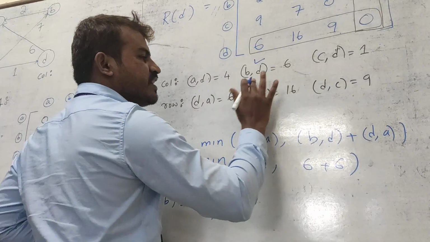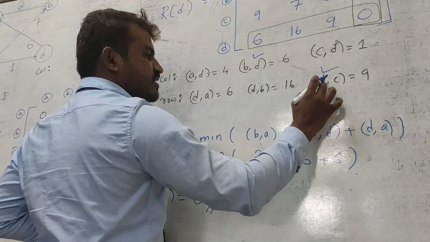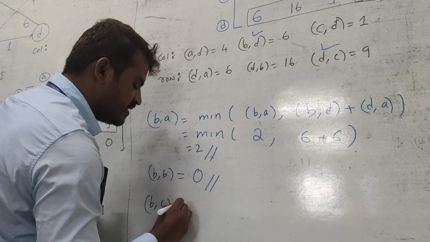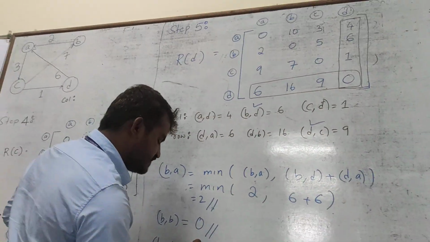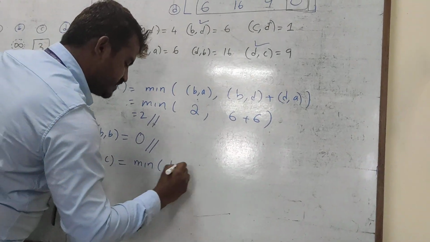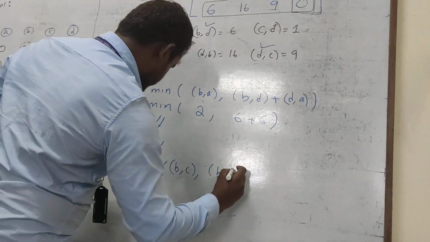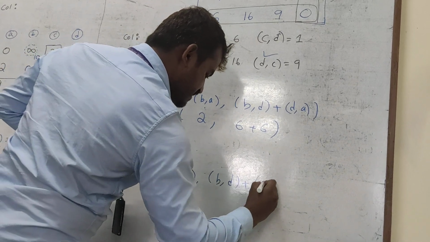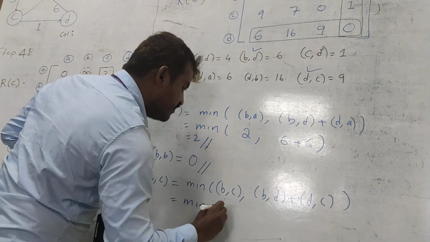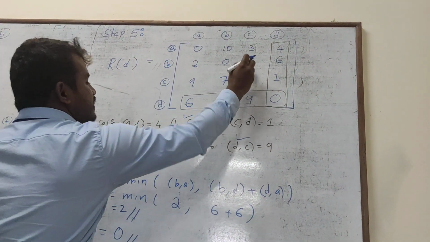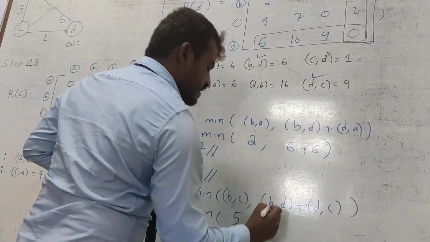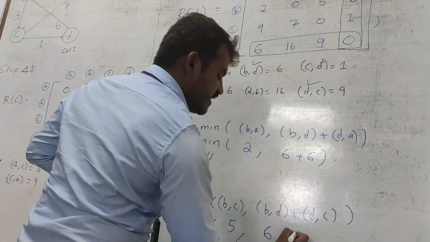Now next combination, B to D, D to C, B to C. Write as the minimum of B to C, it is B to D plus D to C. The minimum of B to C is 5, B to D is 6, D to C is 9.